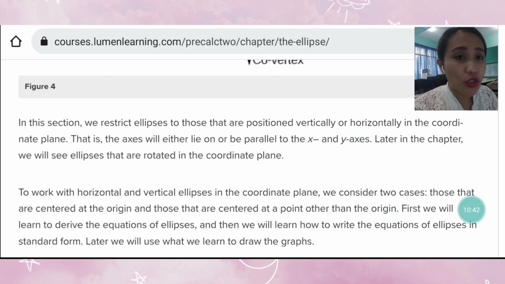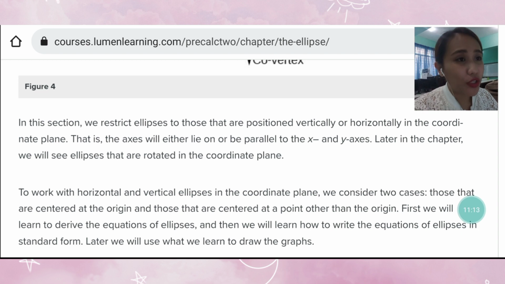Now in this section, we restrict ellipses to those that are positioned vertically and horizontally in the coordinate plane. So again, in this discussion, we will only be focusing on four types of ellipse depending on the location on the graph, whether it is at the center or not, and whether it is horizontal or vertical. That is, the axes will be parallel to the x-axis and parallel to the y-axis.